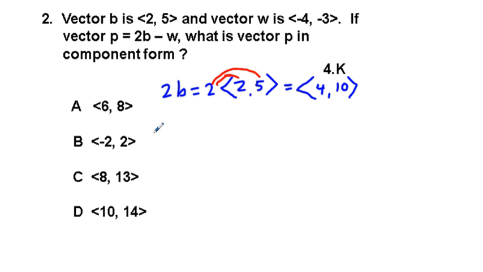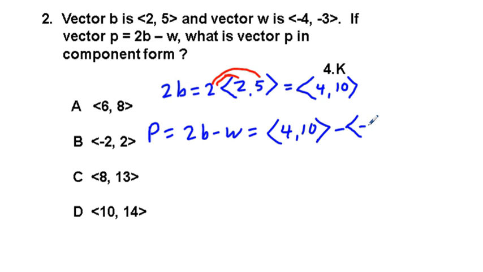So P equals 2B minus W is equal to this 2B, again we figured that out as 4, 10, and the W is -4, -3.